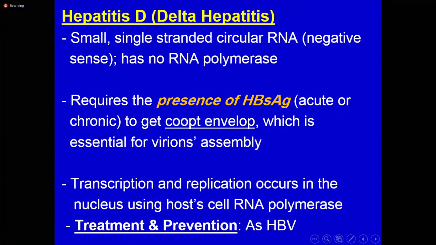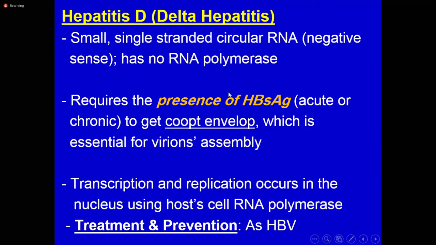Now, Delta virus, or D, is a single-stranded circular RNA, negative sense virus. This virus cannot live alone. It depends on B, as I said, and requires the presence of B antigen in acute or chronic stages.